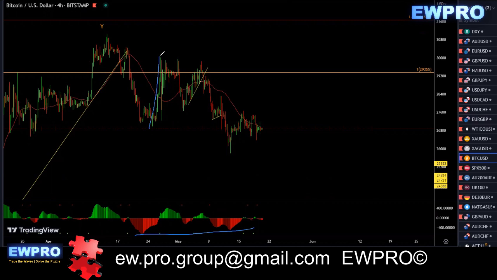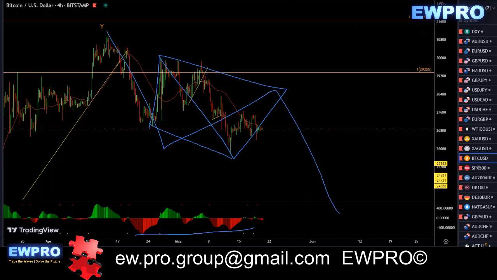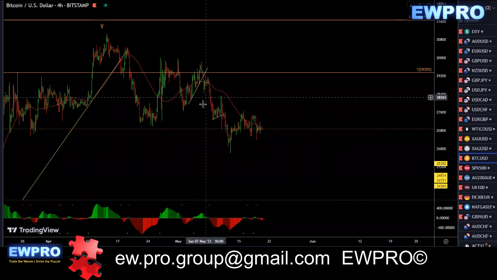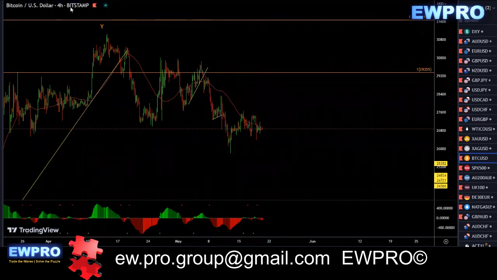So I'm looking at an A, B, C as a running or expanding flat before we get an A, B, C. This B wave in here may not be over either. We can look at this as a WXY. We get an X2 in here and a Z down before we get the flat.